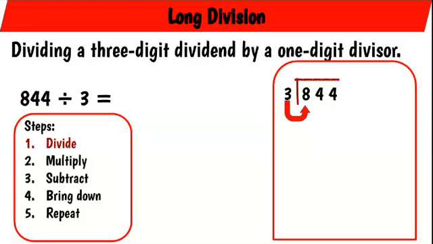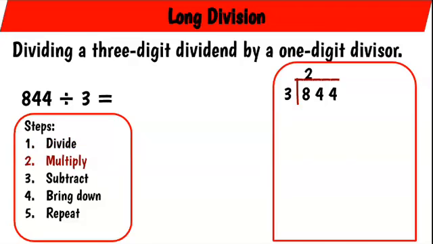Now here we have our first step in which we have to divide, and we're going to be dividing using our first digit in our dividend, 8, divided by our divisor 3. So we're asking ourselves, how many groups of 3 can we get from 8?